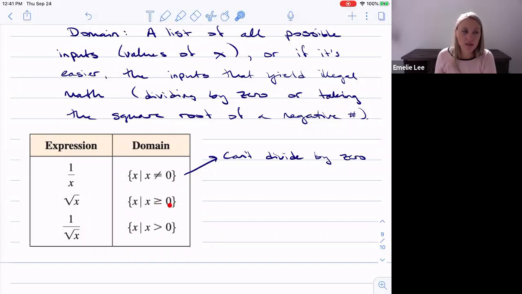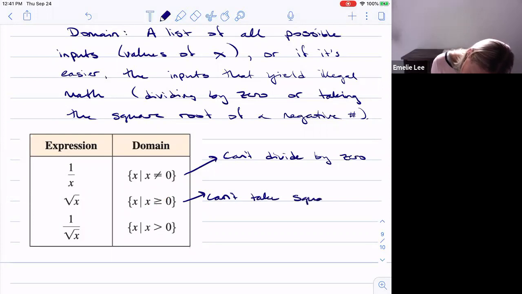We're allowed to take the square root of 0, but nothing less than 0. The square root of 0 is 0. Can't take the square root of a negative number.